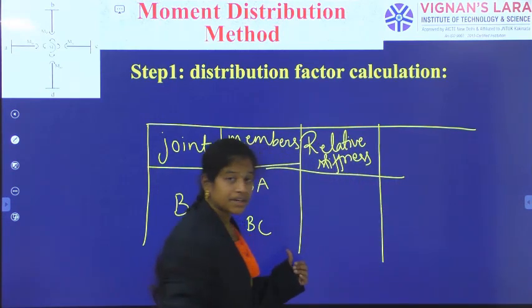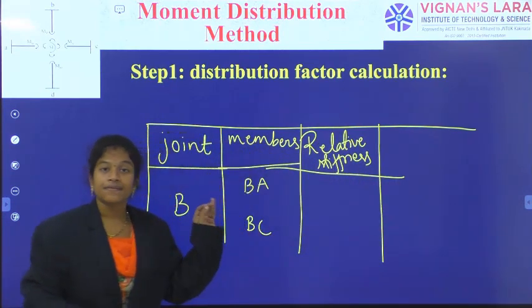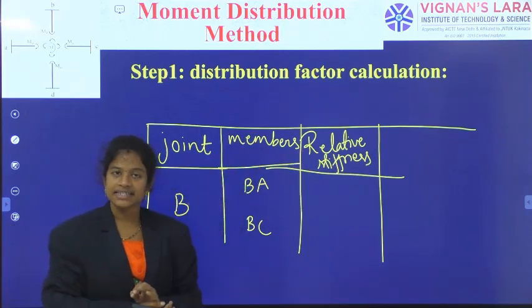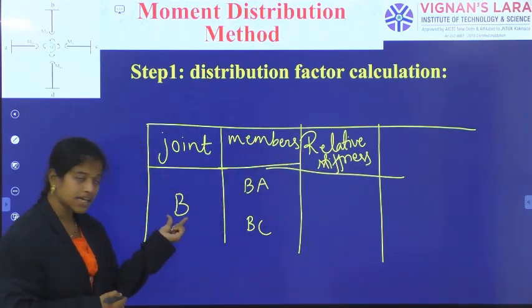for the particular member: if the farther end is fixed, the relative stiffness has a formula. The farther end is the end away from the joint at which I am calculating.